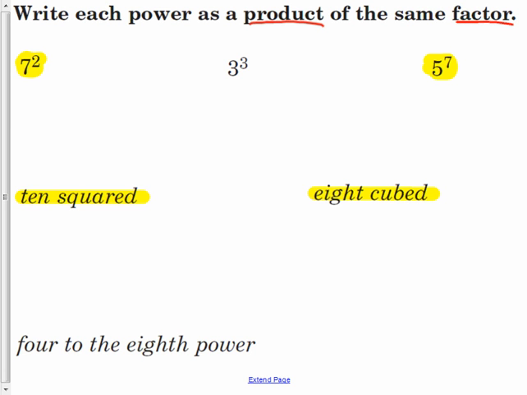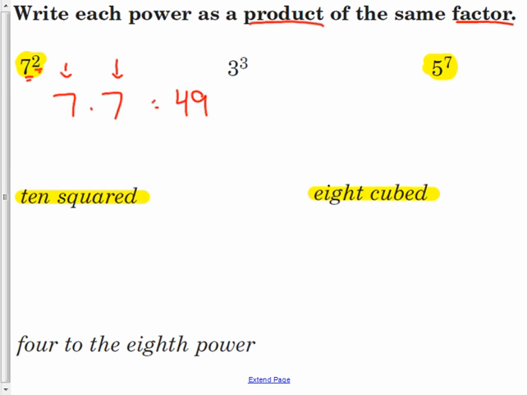So for example, 7 to the power of 2, or 7 squared, as you'll often hear it, means take the number 7, because that's our base number, and multiply it 2 times. So we have 1 seven, 2 sevens. There is our 7 to the power of 2. If we multiply that out, 7 times 7 is 49.